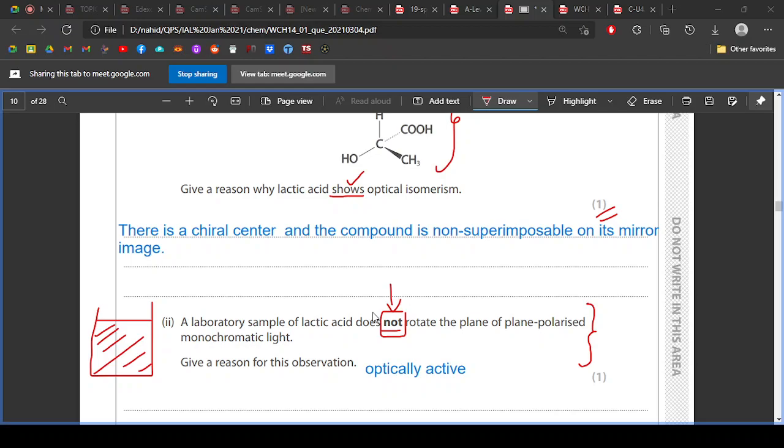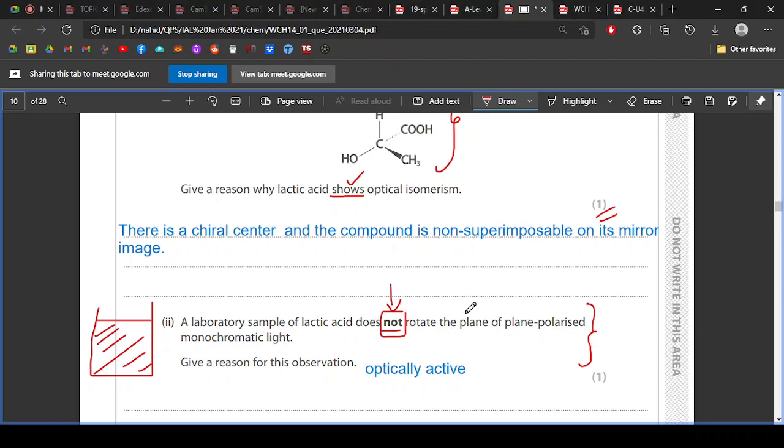What's the main difference in the enantiomers, or any difference that you might know? Enantiomers can show optical activity, yes, but there is a difference in their optical activity, and what is that?